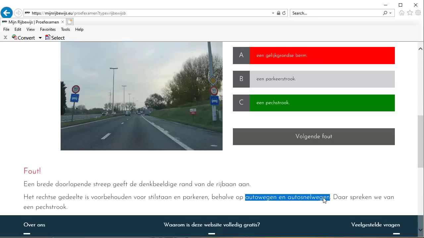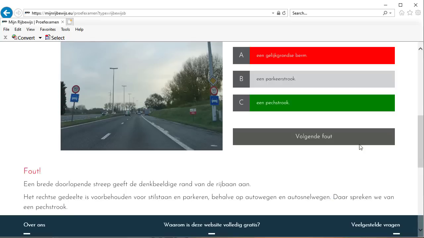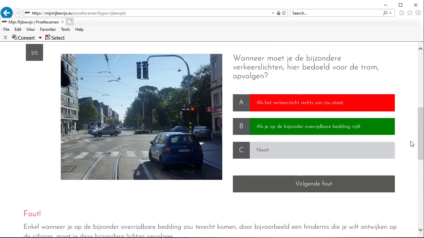The next question, where we made a mistake. Okay, so yeah, this also I had my doubts about. When should you follow these special traffic lights? Only when you are riding on this special lane.